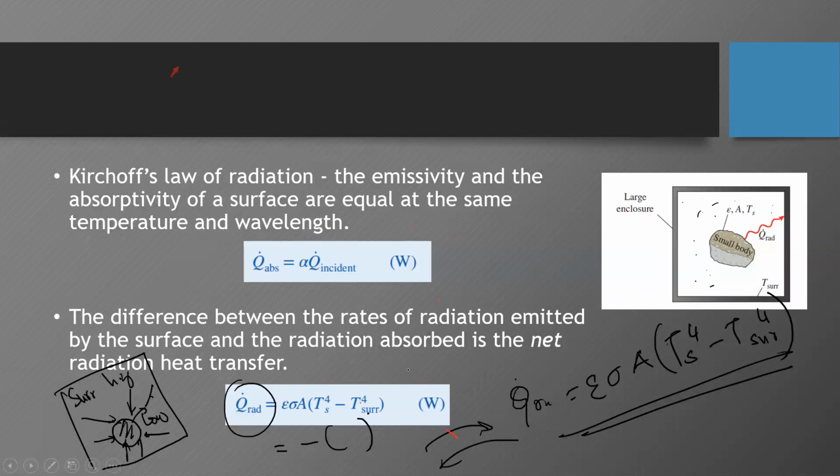For two bodies also you can discuss. Let's say two objects are there, A and B. The net amount of energy transferred between them is due to the effect of thermal radiation.